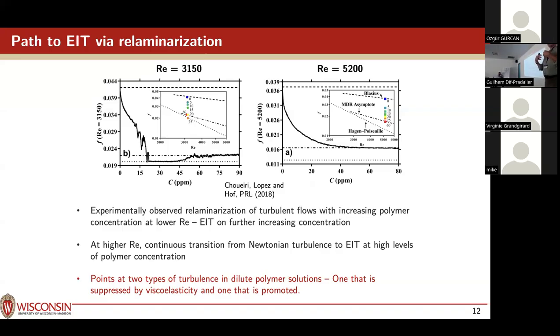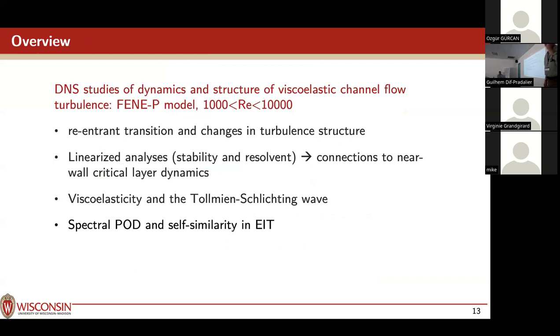But then there's an elastic version of turbulence, or elasto-inertial version of turbulence, that's promoted. All right, and that becomes very clear here in this picture. Okay, and so those are the phenomena, now coming to what we've been doing most recently. Those are the phenomena we want to understand.